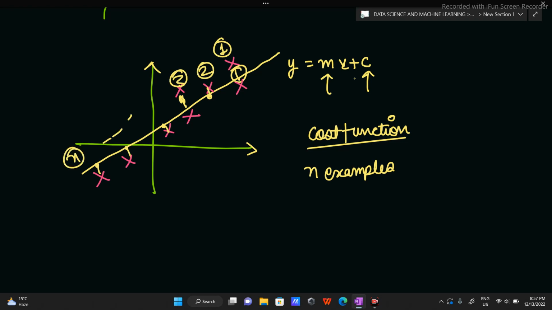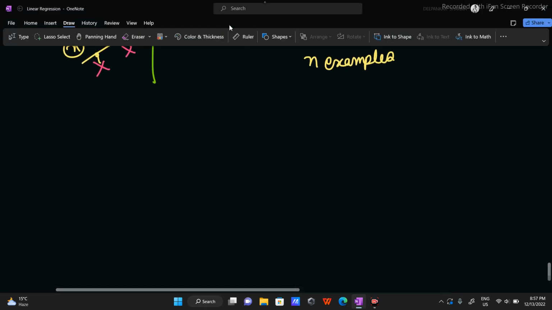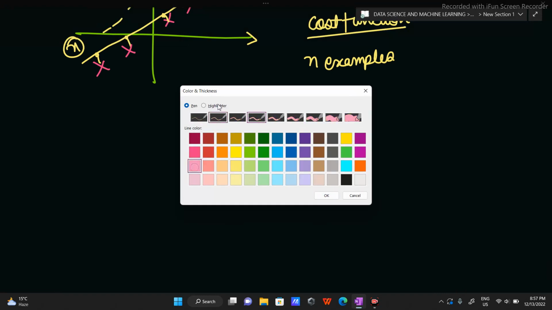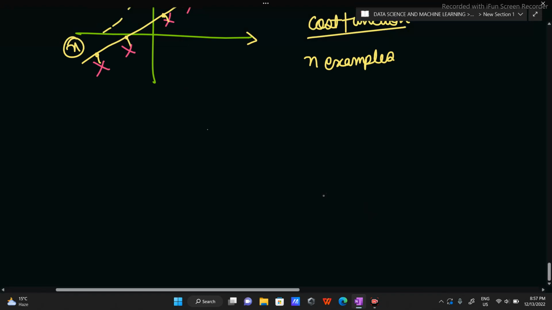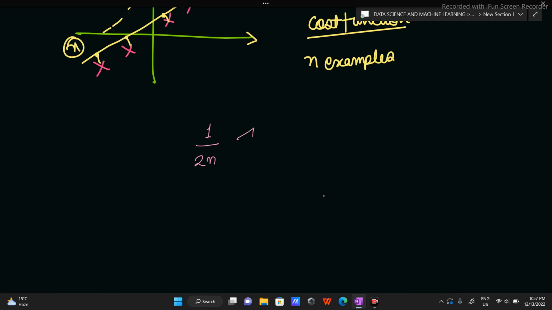Based on these n examples I'll make a cost function that will be 1 upon 2n, where n is the number of training examples. Then I'll start from i equal to 1 and sum up to n, over all of these training examples, taking the square of the error. Suppose the actual value is y and the predicted value is y hat. I'll square their distance and sum it up.